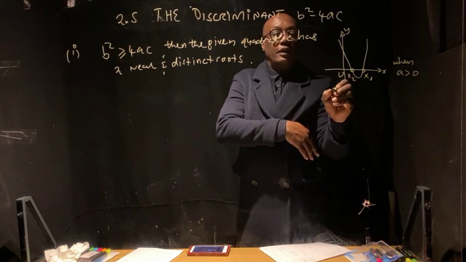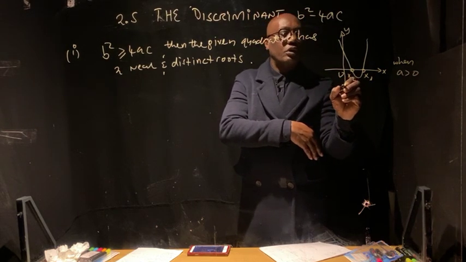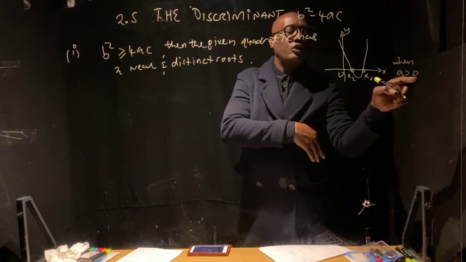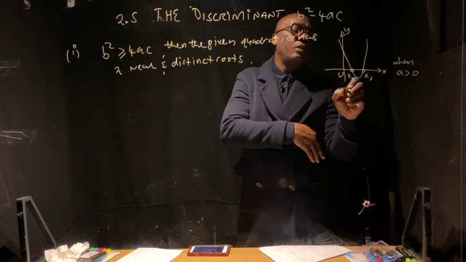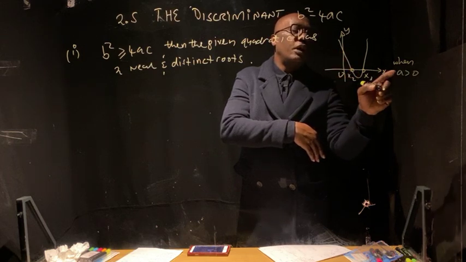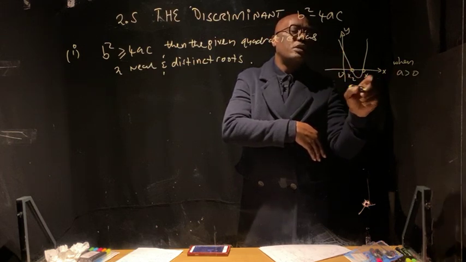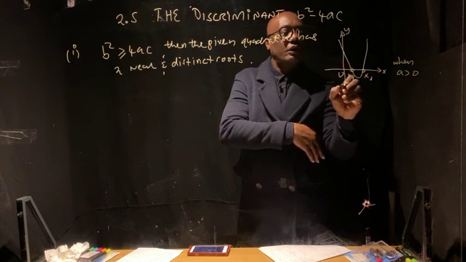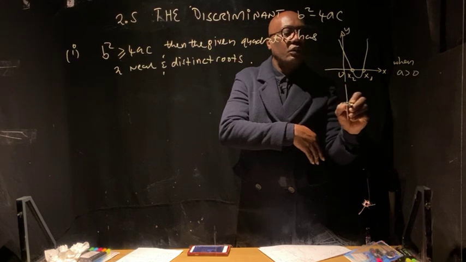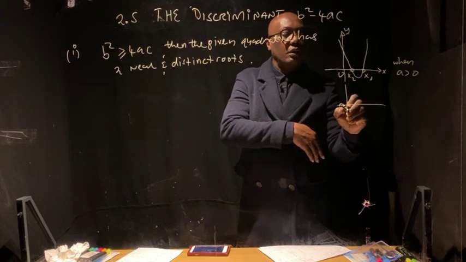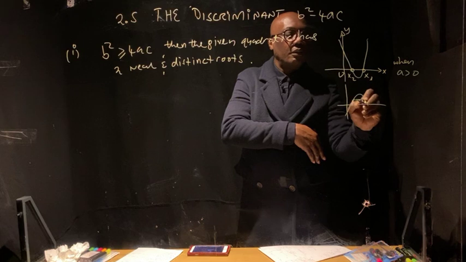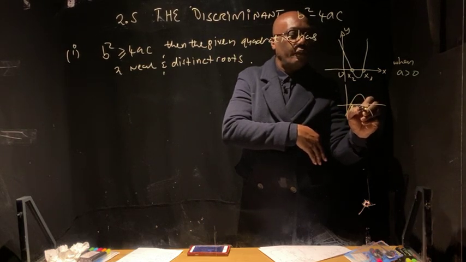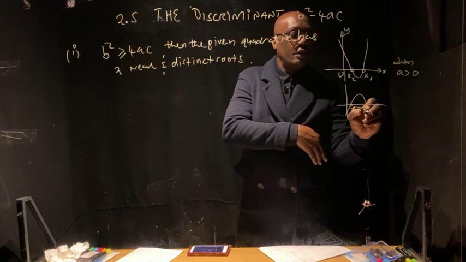But there is also another graph with two distinct roots. When a is greater than 0, it has a minimum y. But what about when it has a maximum y? Then the two distinct roots will have a graph that looks like this one, with x2, x1.